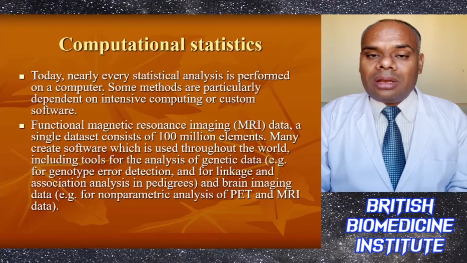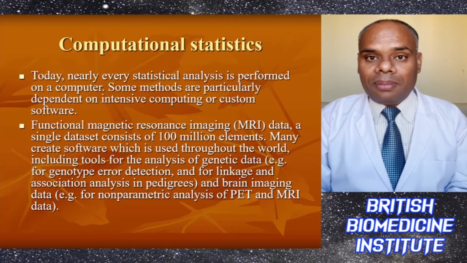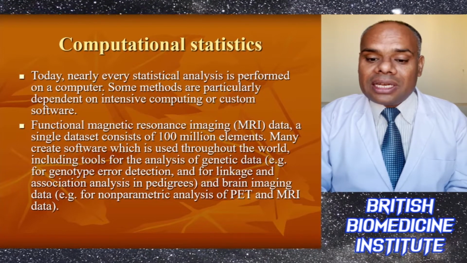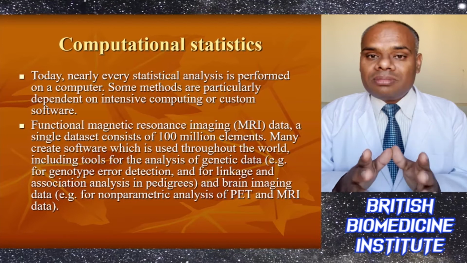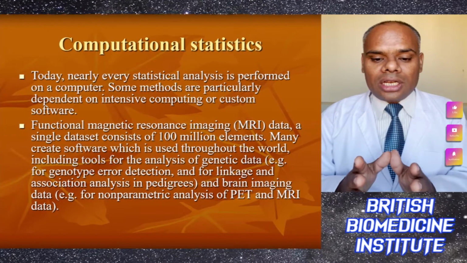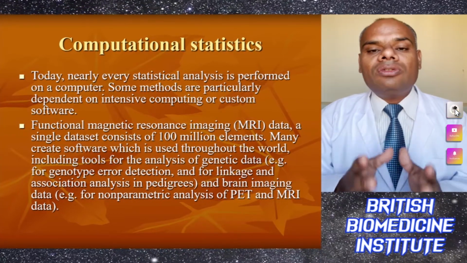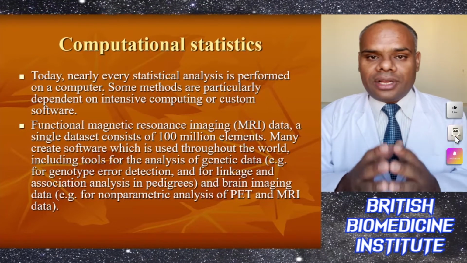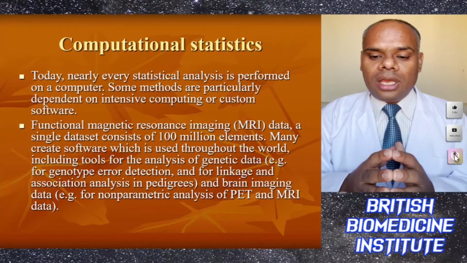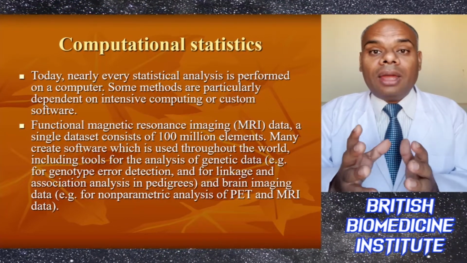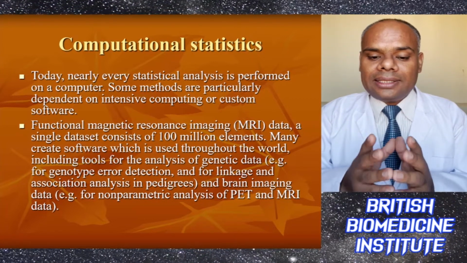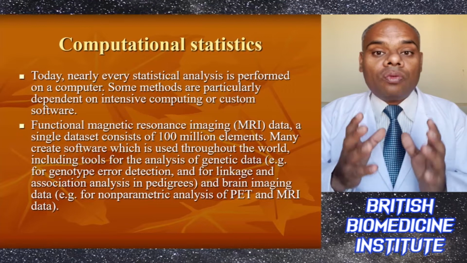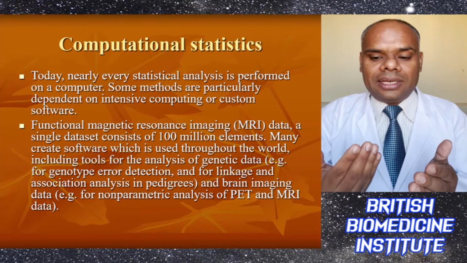Computational statistics also plays an important role. Today, nearly every statistical analysis is performed on a computer. Some methods are particularly dependent on intensive computing or custom software. So there is a role for fMRI, functional magnetic resonance imaging data, where a single data set consists of 100 million elements.